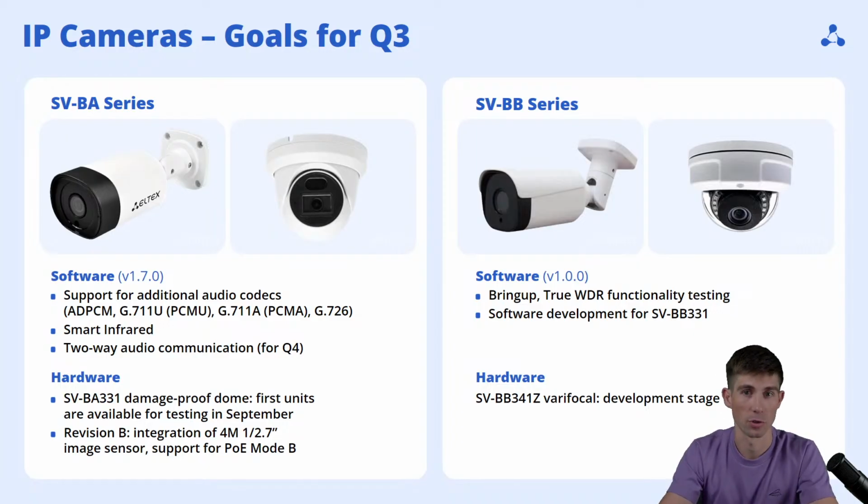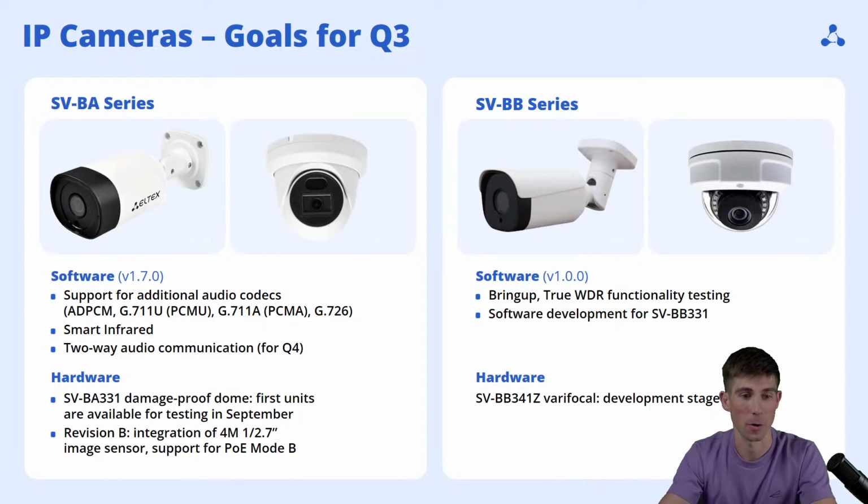So there is no need for an IP speaker. It's only one model so far that has this functionality, and you may mention this to your customers as a significant feature that Eltex has.